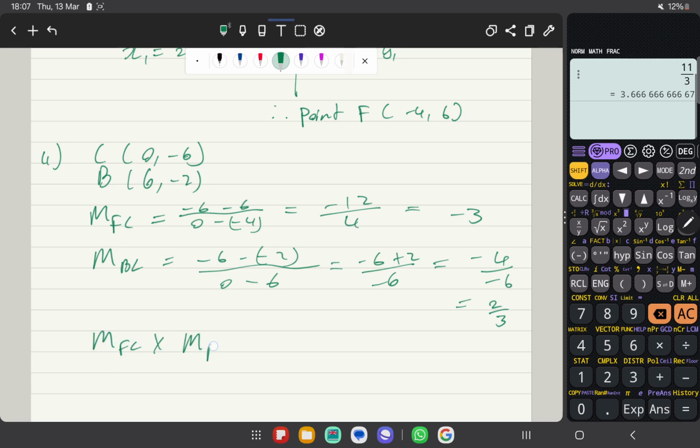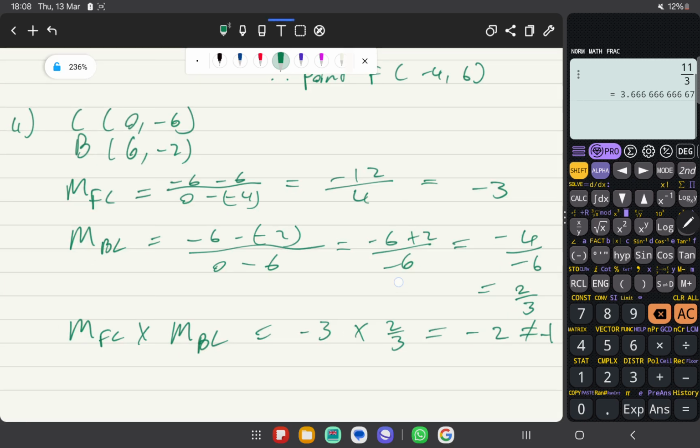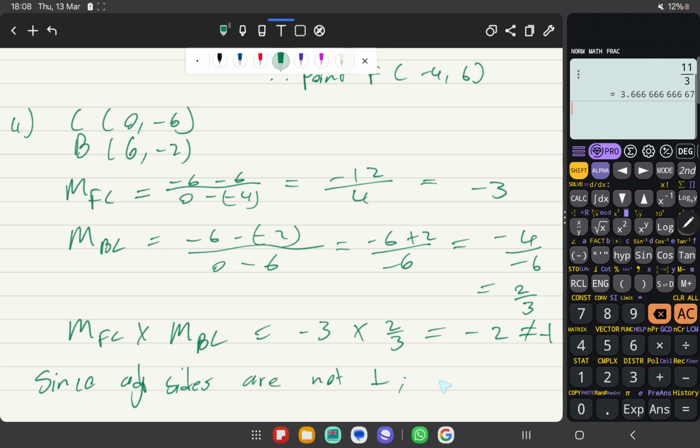MFC multiplied by MBC equals minus 3 multiplied by 2 over 3, which is minus 2, which is not equal to minus 1. Therefore, since adjacent sides are not perpendicular, ABCF is not a rectangle.